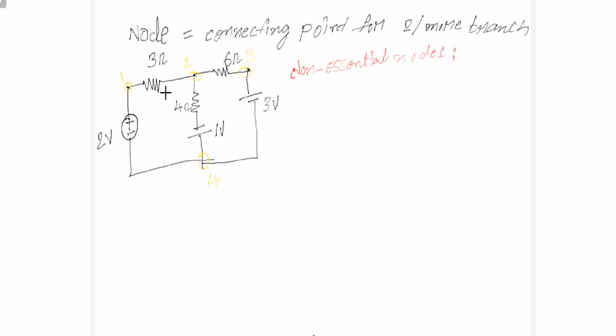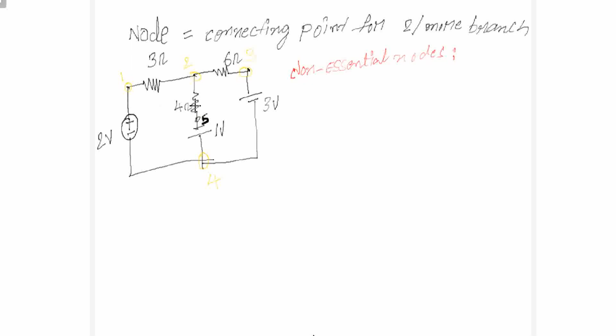A node which connects passive element and active element is called a non-essential node. Got my point? So which node is connecting passive element and active element? I can consider this is also one node, this is also a fifth node, because here the two elements are connected at these 2 points.